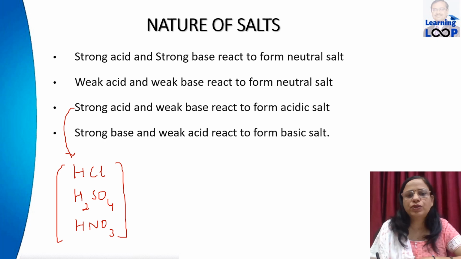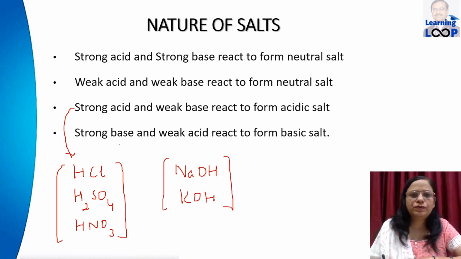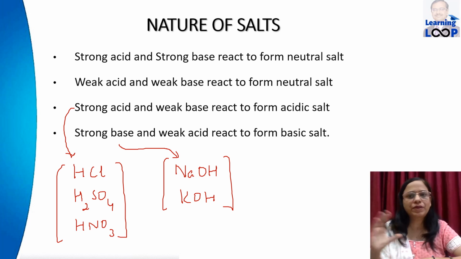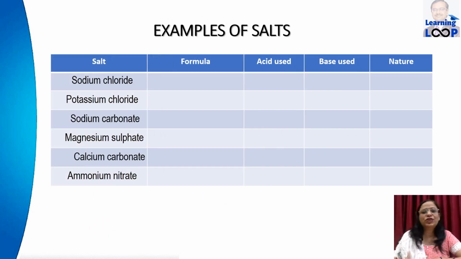And there are just two strong bases, NaOH and KOH. Other than these two, all the other bases are going to be weak. So you don't have to remember the names of the weak acids or the weak bases. You just have to remember the names of the strong acids and the strong bases, and that will help you in solving the problem. Let us take up some examples now based on this.